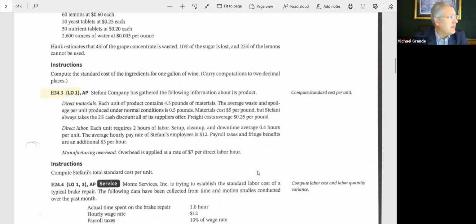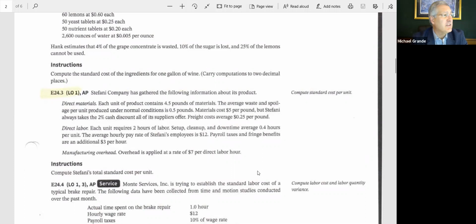Let's read what they have to say. Direct materials. Each unit of product contains 4.5 pounds of materials. The average waste and spoilage per unit produced under normal conditions is ½ pound. Goes on to say, materials cost $5 per pound, but Stefani always takes the 2% cash discount all of its suppliers offer.